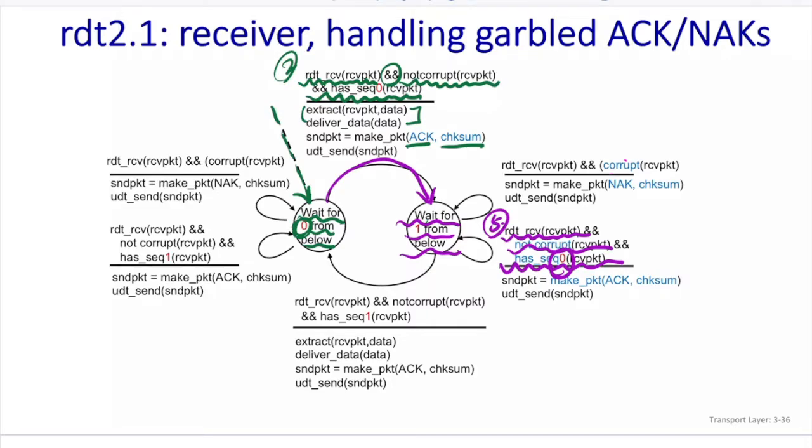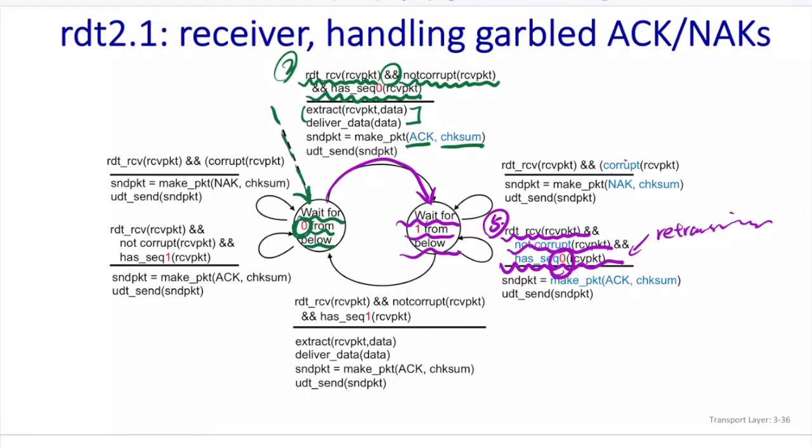After sending the ACK of packet number 0, I'm currently waiting for packet number 1, right? But currently at step number 5, I receive packet number 0, so I know that it is a retransmission. So I know I don't need to deliver this packet again to layer 7 because it is a retransmission.